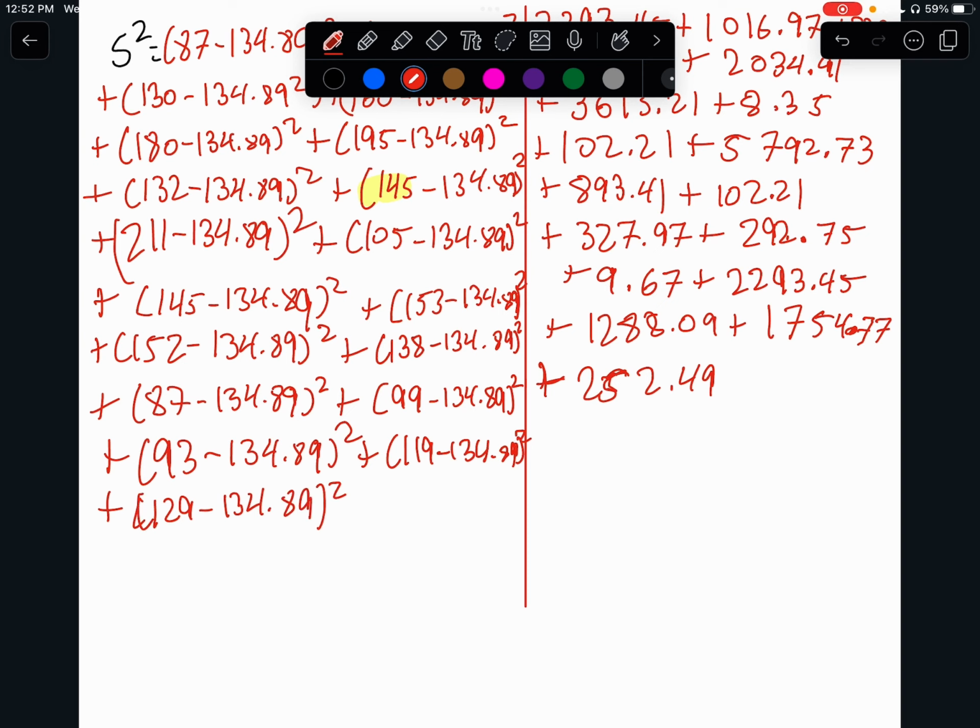So as we do our calculation for our final one, we get plus 34.69, and then divide this by 19 minus 1 equals 18, that is n minus 1.